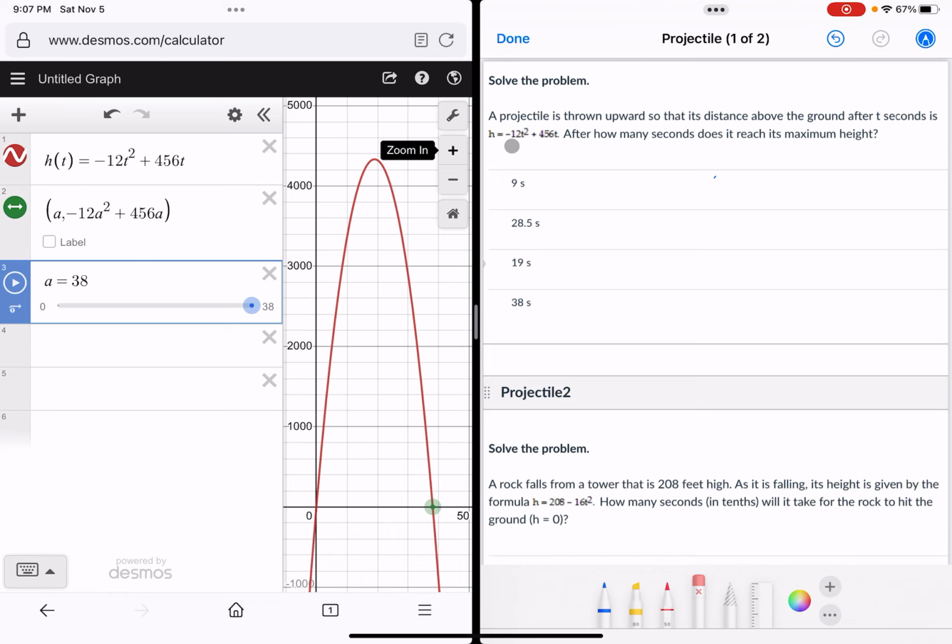We know here this parabola has a negative sign in front of the 12, so the opening direction of the parabola is downward. Here is the animation.